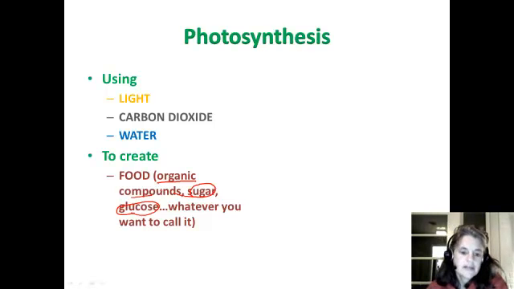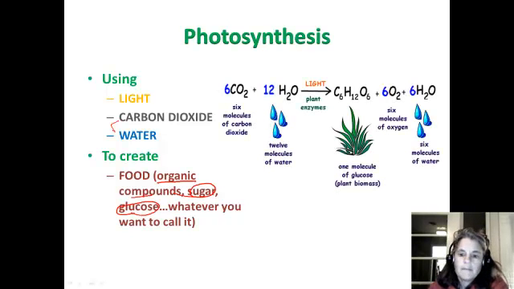Okay, plants are creating sugar, glucose, organic compounds, whatever you want to call it. That is what they are making when they use light to do something a little bit fancy with carbon and water. Okay, they use it to build these organic molecules. Now this is a really, really important thing for you to know, and we are going to hear this equation again and again and again all year long.